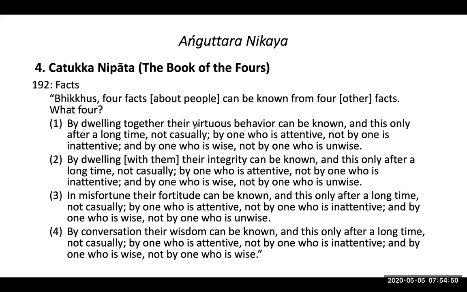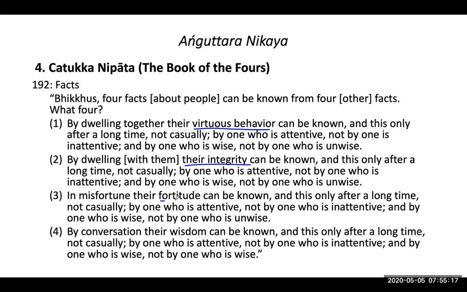So the first one was virtuous behavior. Second is their integrity. A person's integrity can be known, and this only after a long time, not immediately, by one who is attentive and wise. Another, same format, is their fortitude.